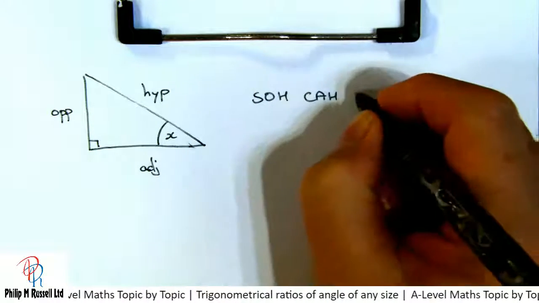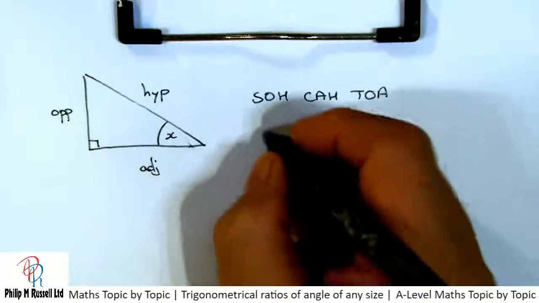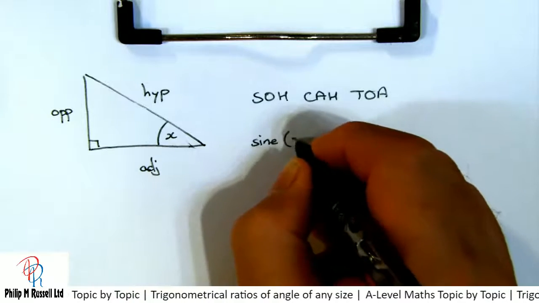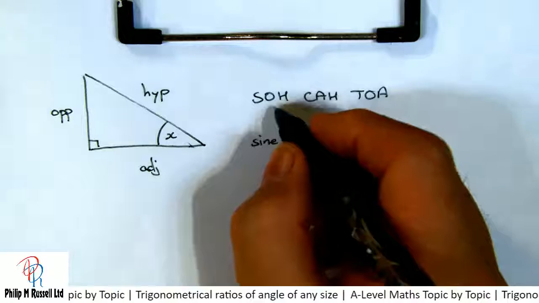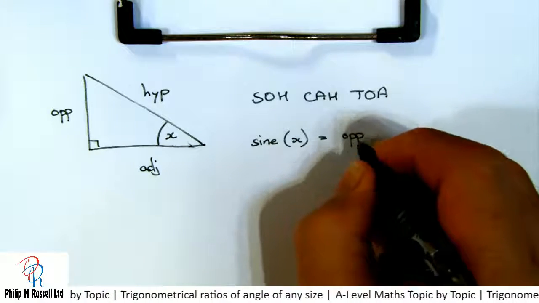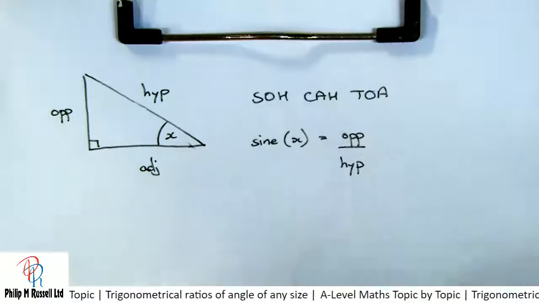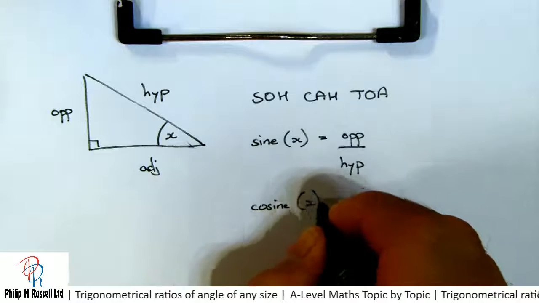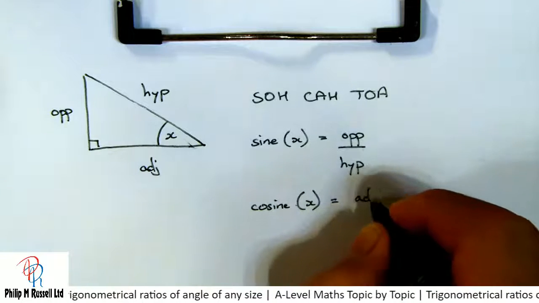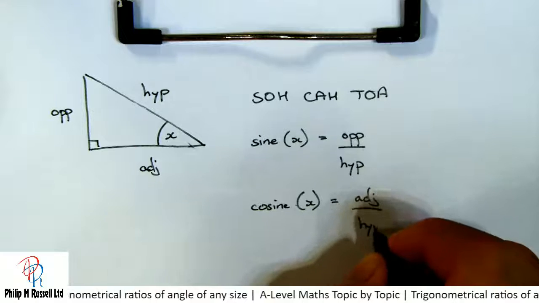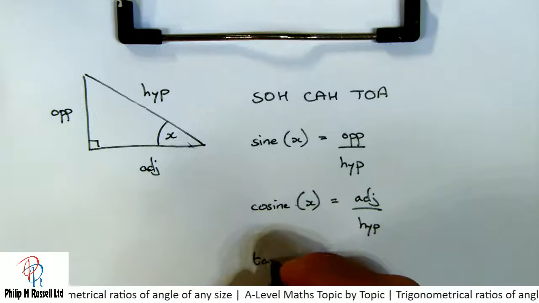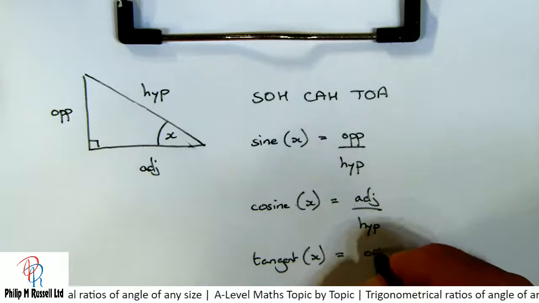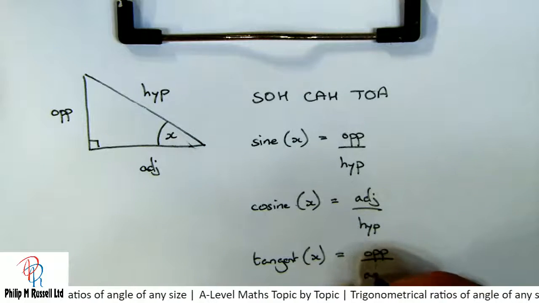SOHCAHTOA, and with SOHCAHTOA here we know that the sine of our angle x is going to equal the opposite over the hypotenuse. We know that the cosine of our angle is going to equal the adjacent over the hypotenuse, and our tangent of our angle is going to equal the opposite over the adjacent.